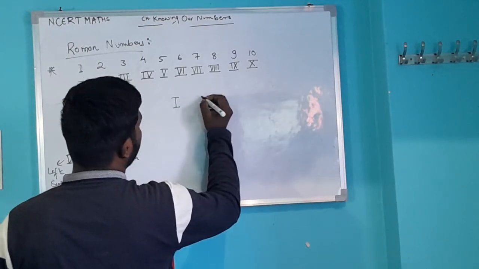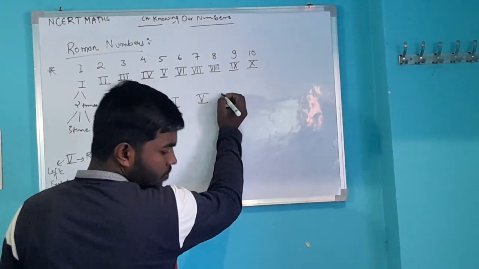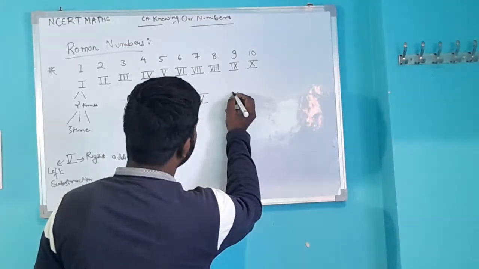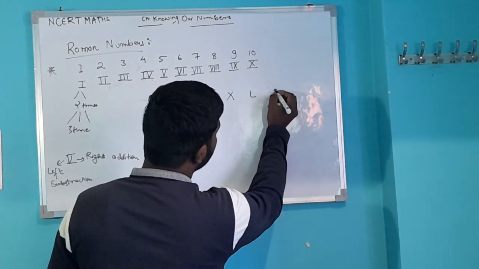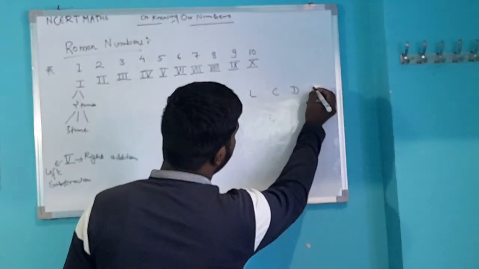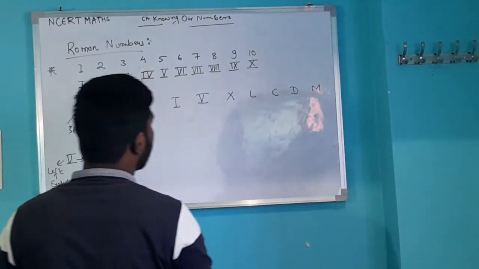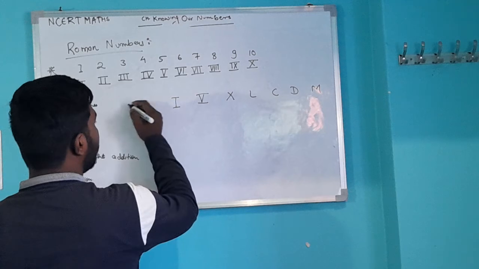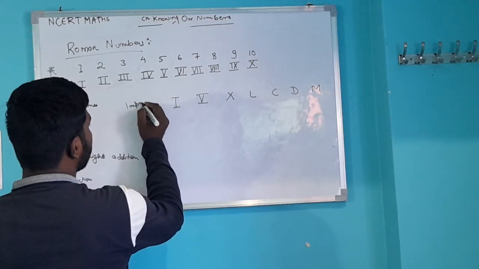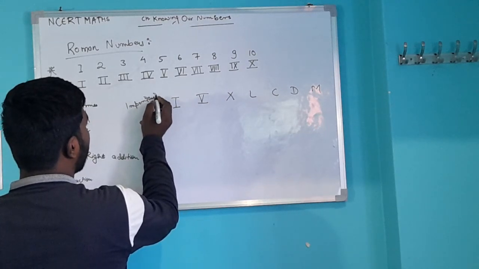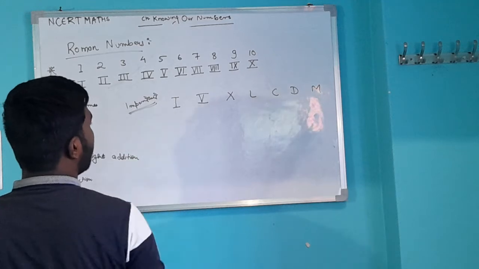I, C, D, I. These are the important Roman numbers. These are the important parts.